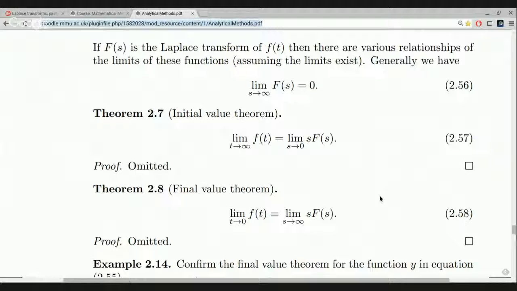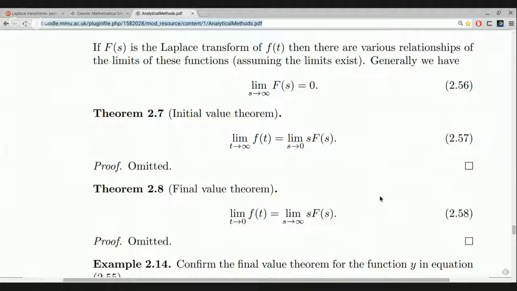So if we've taken the Laplace transform of a complicated looking function, these are some aspects of it that we can check, and if either of these are violated, then we know something has gone wrong along the way, or perhaps we haven't taken the Laplace transform correctly, or we've misapplied some of the standard results about the Laplace transform.